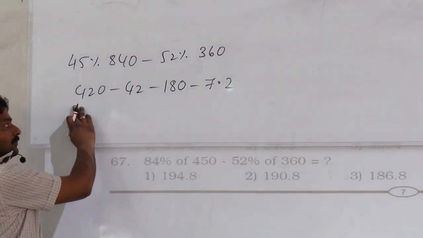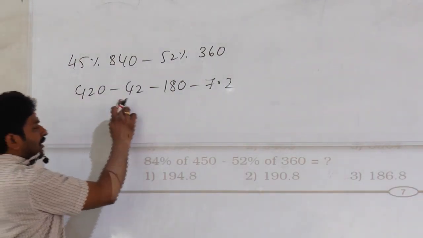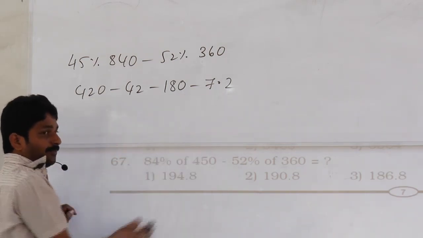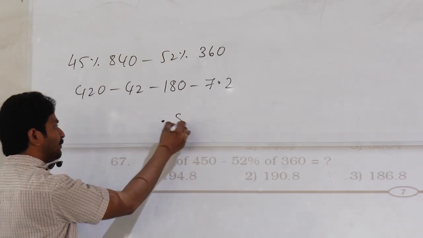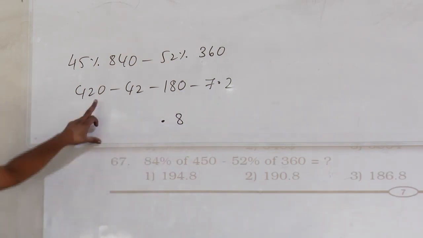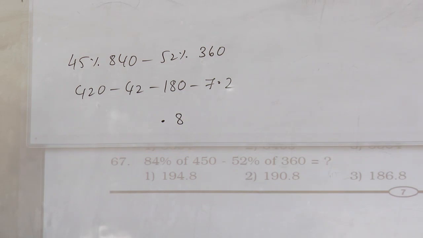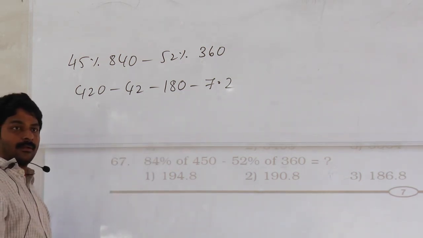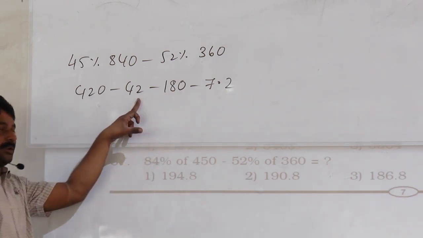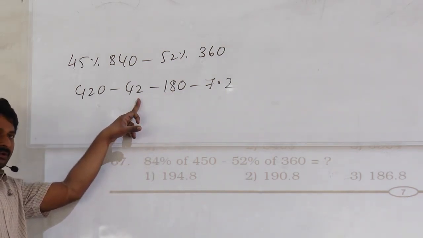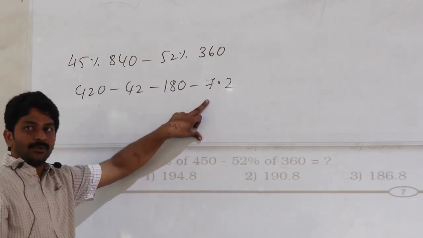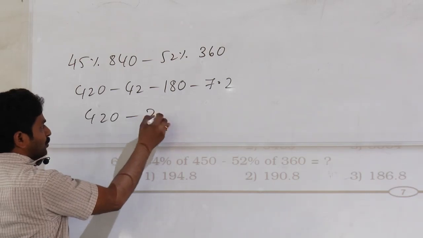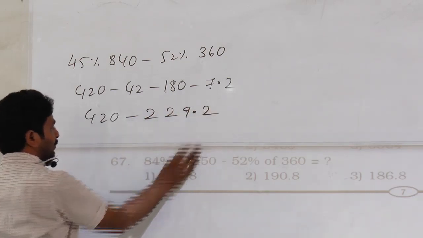So out of 420 you need to subtract this number. We have a number which is ending with 0.2, so your answer should end with 0.8. From integers, all are ending with 8. 180 plus 42, 222 plus 7.2, 229.2. 420 minus 229.2.